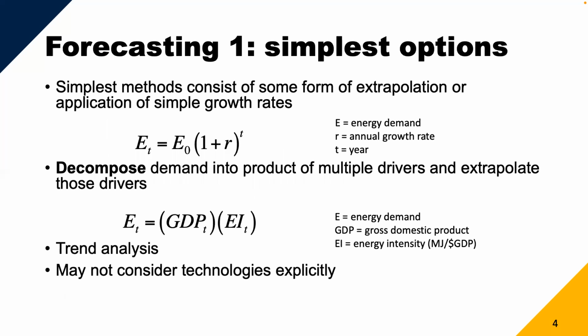So the simplest option goes right in line with what we were talking about last time. This would be a measurement that would extend any particular historical curve, right? And so this is an extrapolation based on simple growth rates.